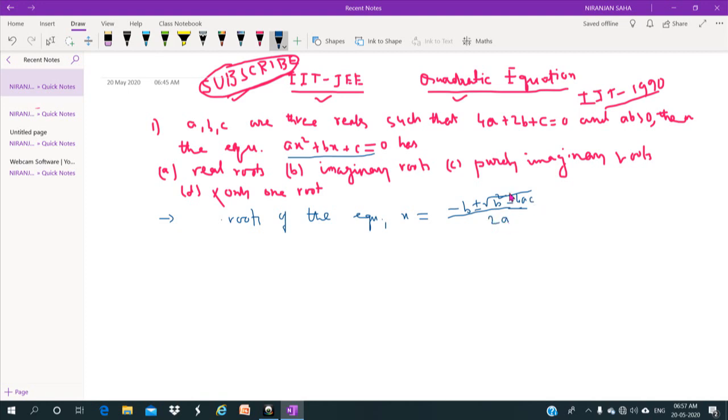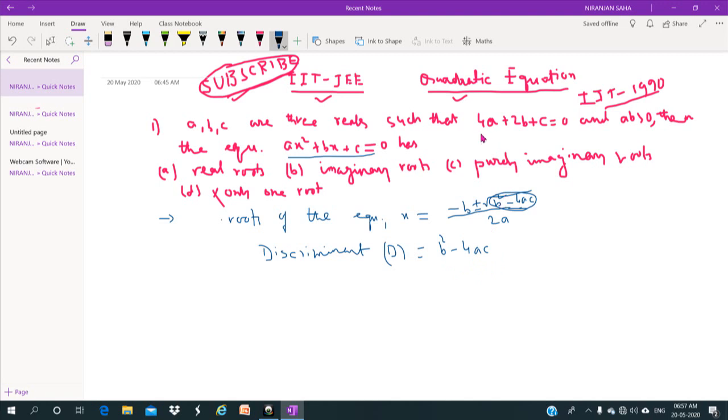This term b square minus 4ac is the discriminant, denoted by D. Now we first find out whether b square minus 4ac is greater than 0, equal to 0 or less than 0.